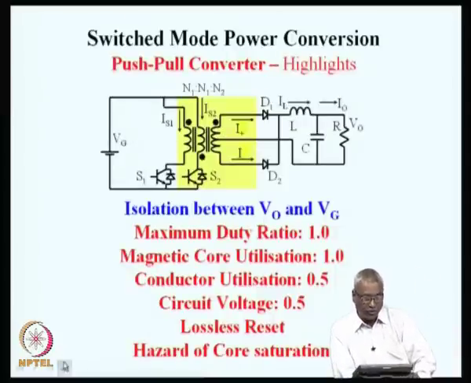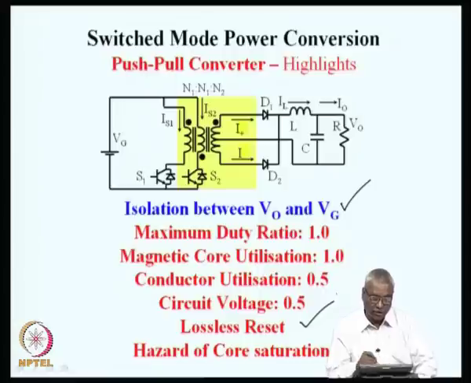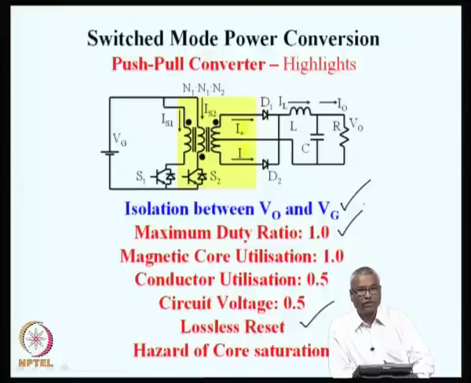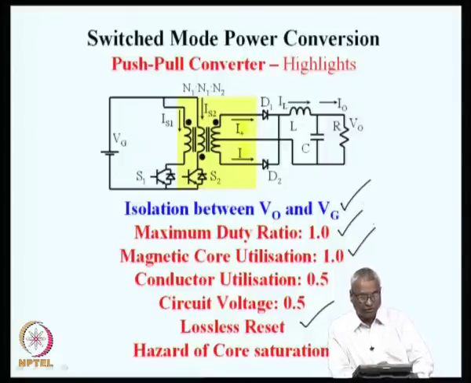So, let us see how the isolation and all the penalties come about. What we want is isolation, and here also the reset is without loss. Duty ratio is now 1, because as far as the load is concerned, we can pump power practically continuously at 100% duty ratio. The core utilization is also now full, both on positive and negative.